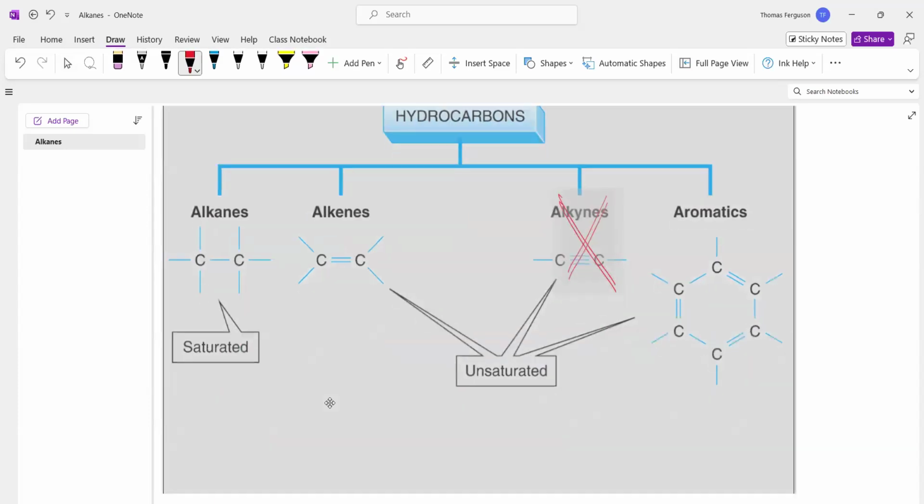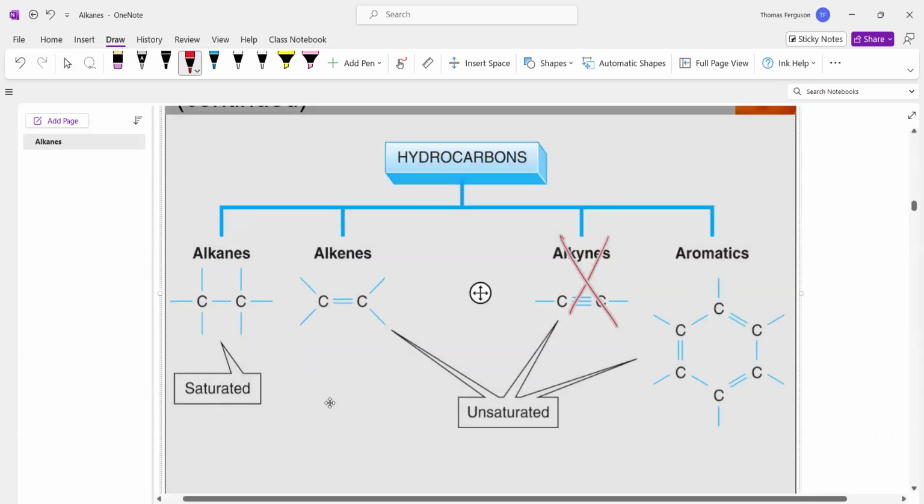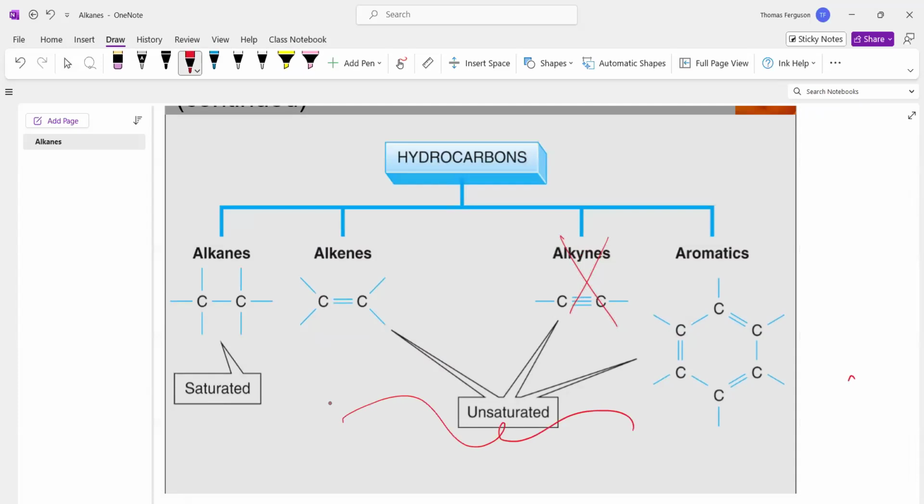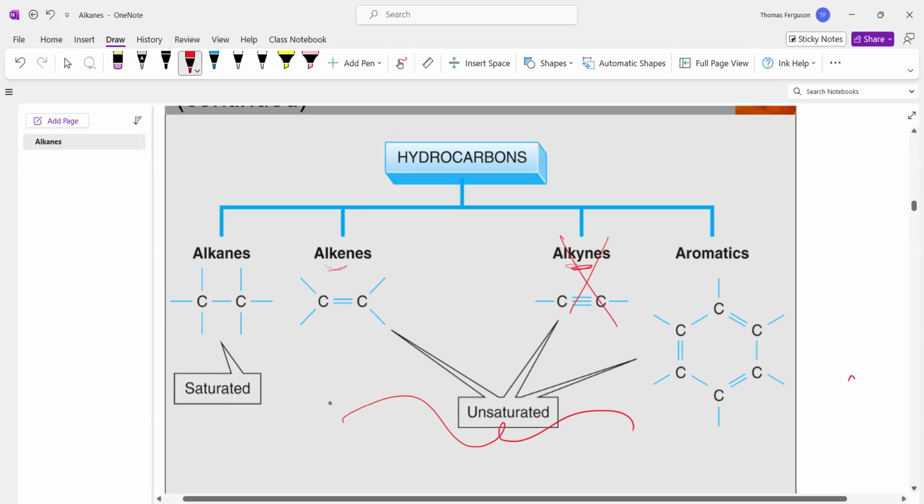And these would all be considered unsaturated because they have something other than single bonds. But they usually also contain single bonds as well. So it's single plus double, single plus triple, and possibly double.